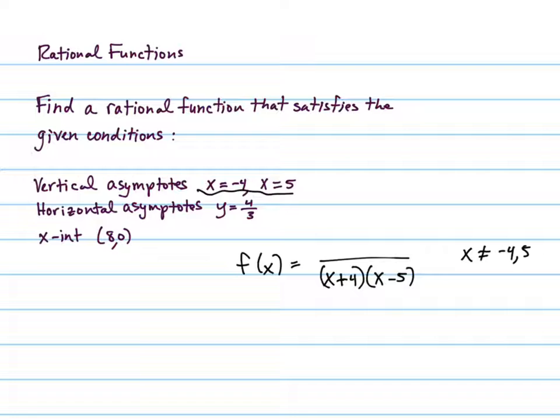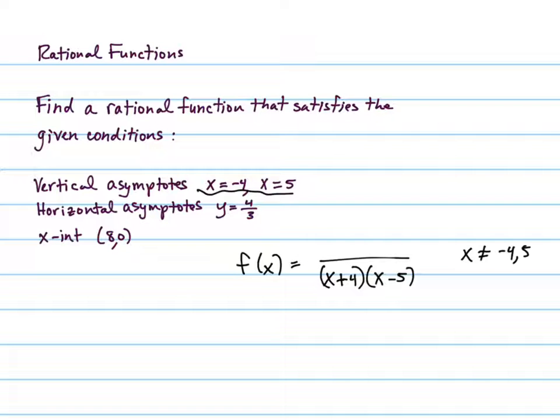So normally, there's three cases with horizontal asymptotes. We know if the rational expression is bottom heavy, that means the degree in the denominator is bigger, then we have a horizontal asymptote at y equals 0.